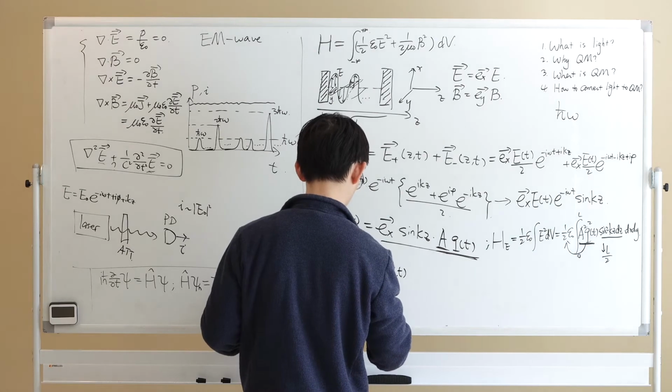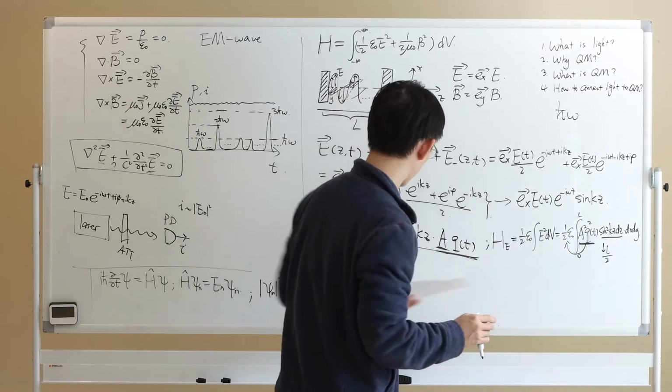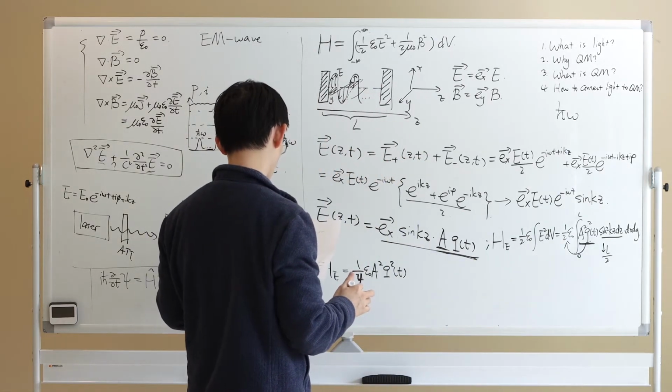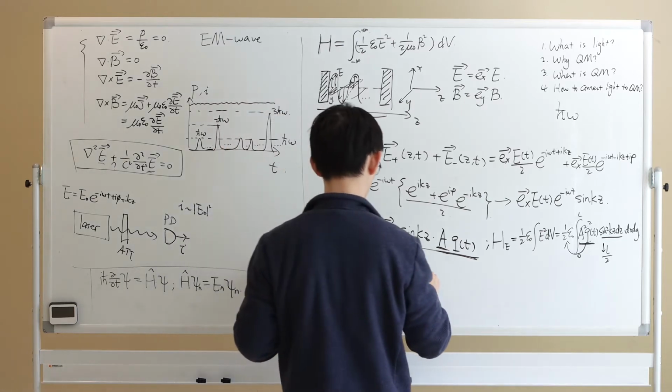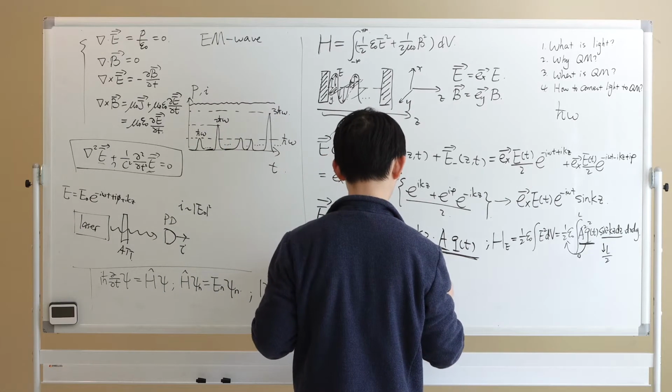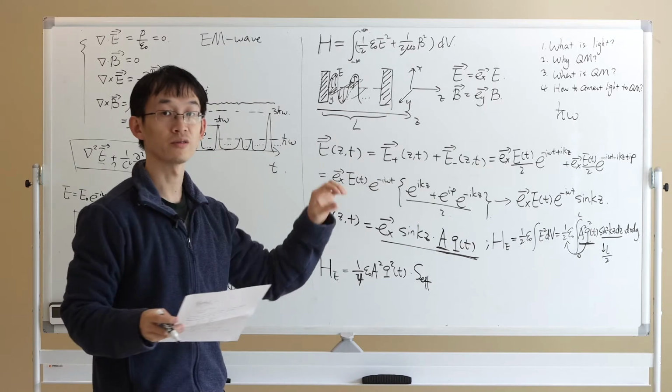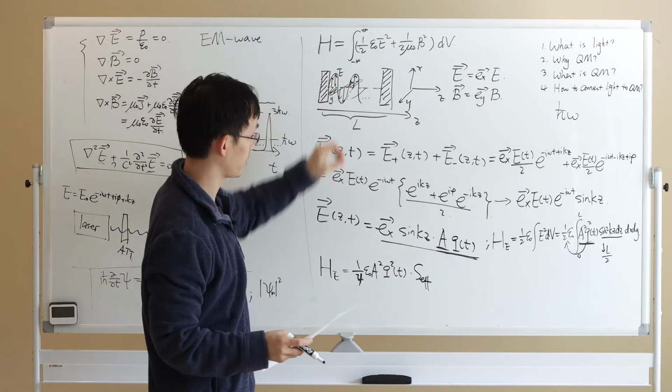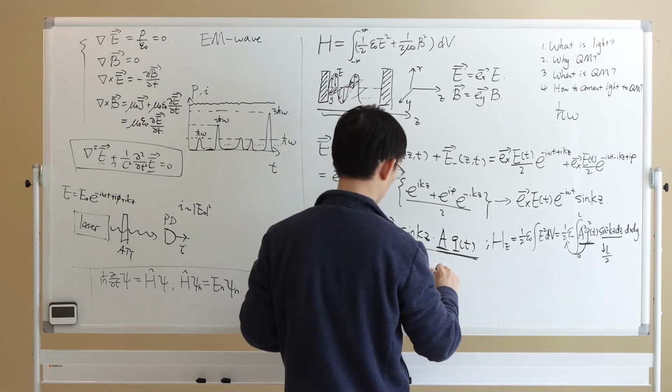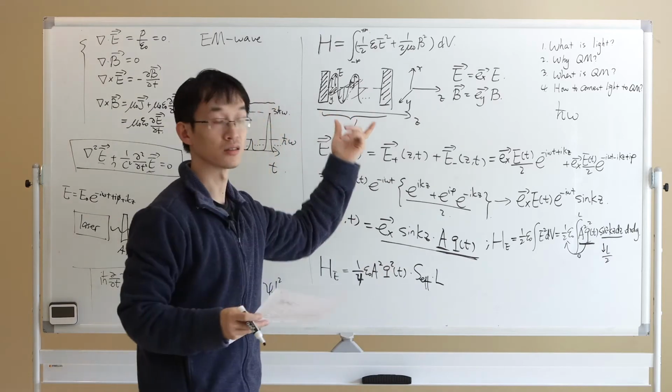Okay, we put a 4 here because the 1/2 comes in the front. And then you have S effective, that's the area of your light beam, times L, right? L is the distance here.